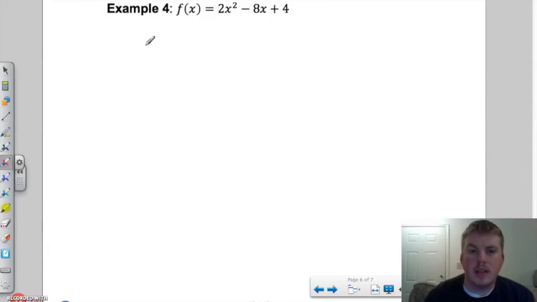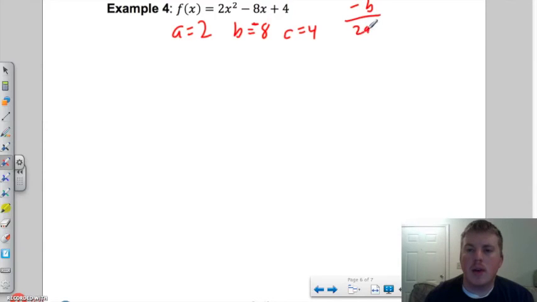Alright, so let's jump into this example. We are going to go ahead and label our A, our B, and our C. So A is going to be 2, B is going to be a negative 8, and C is going to be 4. So the first thing I have to do is my negative B over 2A.